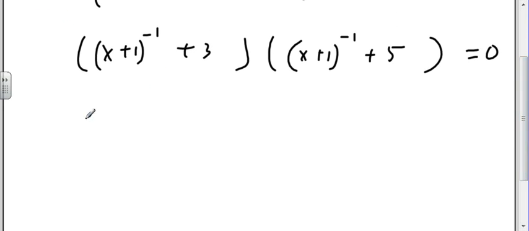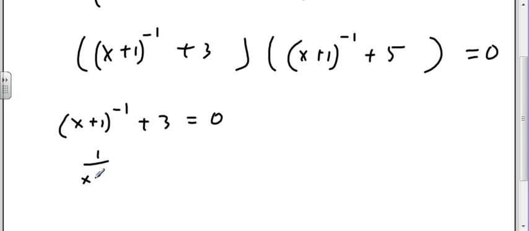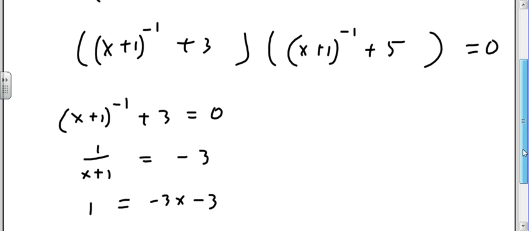(x plus 1 to the minus 1 plus 3)(x plus 1 to the minus 1 plus 5) is 0. All right, well, that being the case, x plus 1 to the minus 1 plus 3 could be 0. And so 1 over x plus 1 could equal minus 3. 1 could equal minus 3x minus 3.